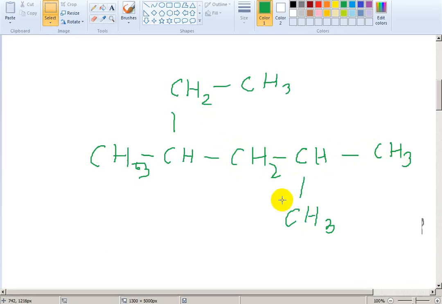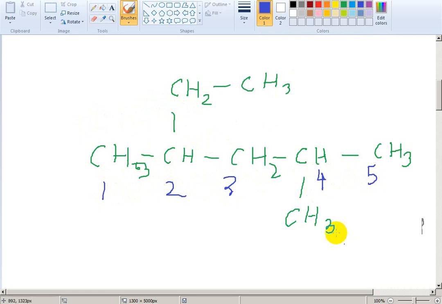This one is the branch. What is the name of this branch? Numbering: this is 1, 2, 3, 4, 5.